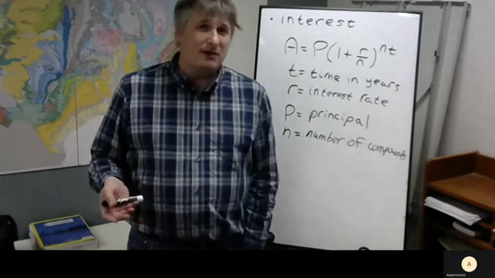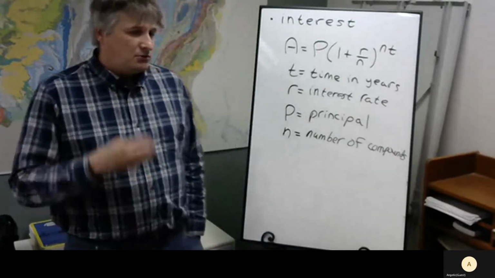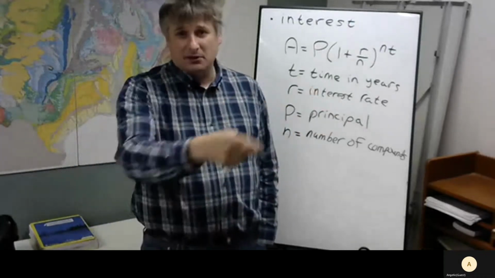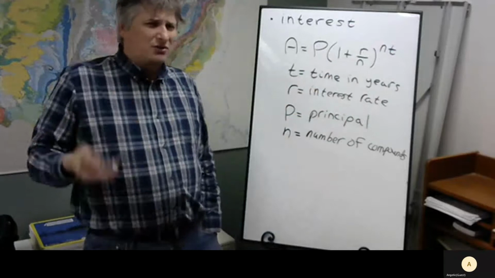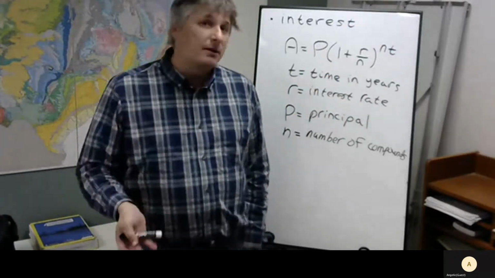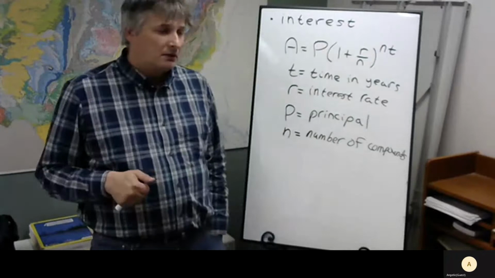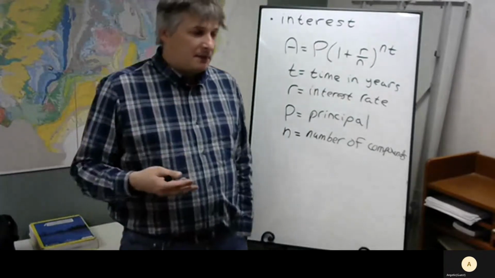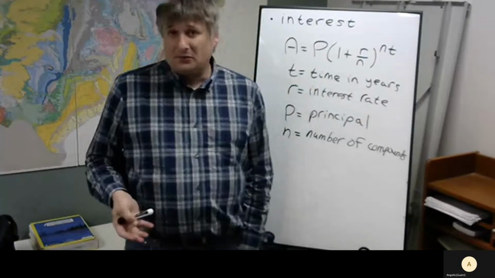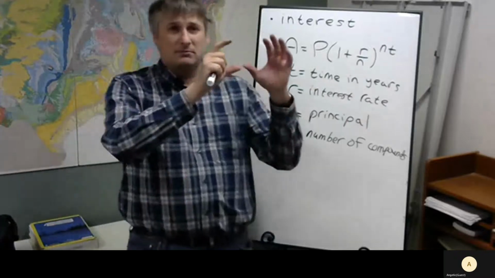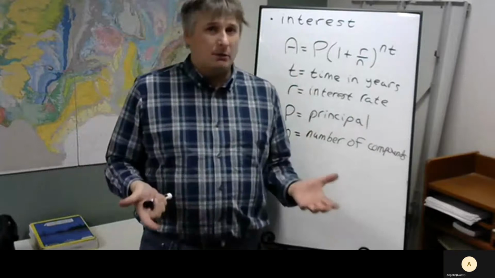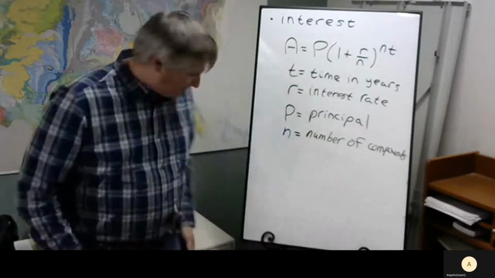Now, when you compound interest, you charge somebody that annual interest throughout the year. Does that mean I charge you 10%? Let's say I'm going to compound the interest monthly. Does that mean that every month I charge you 10%? No. What it means is I take the 10%, 12 months per year, divide the 10% by 12, and what does that come out to?